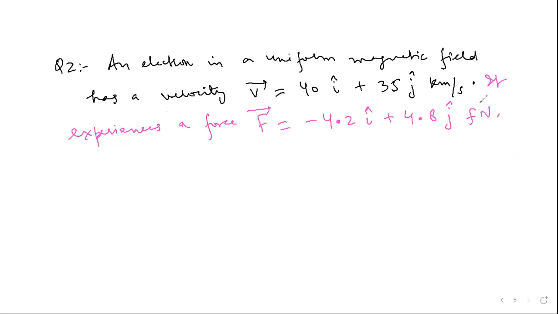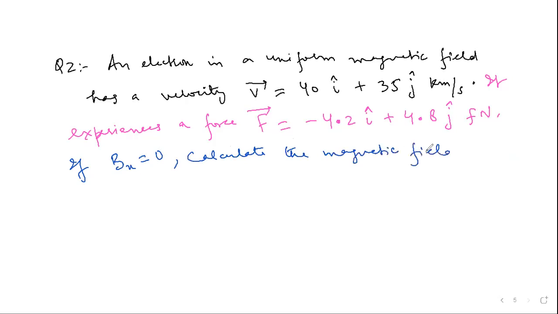Then the question says if Bx is 0, calculate the magnetic field. I repeat the question. An electron in a uniform magnetic field has a velocity v equal to 40 i cap plus 35 j cap kilometer per second.